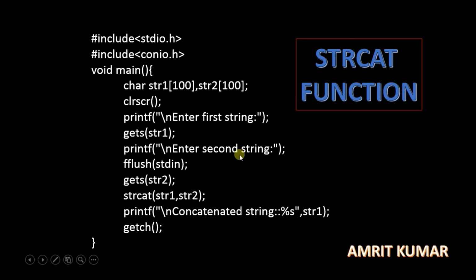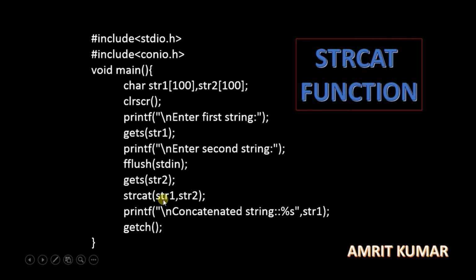Whatever the user gives as the second string is going to be stored in str2, which is an array of character data type, with the help of the gets function. Then after that, I am using the strcat function, an inbuilt function which helps us to concatenate two strings.